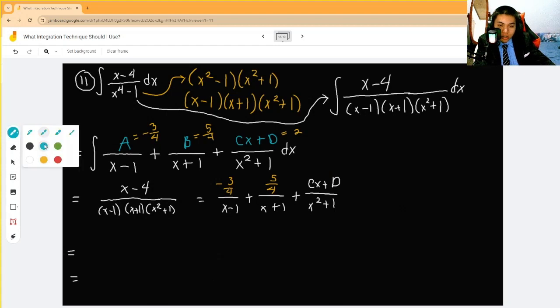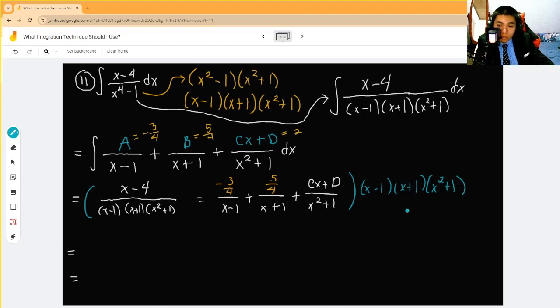So let's just multiply everything by this denominator, x plus 1 and then x squared plus 1 right there. Then this will cancel, and this will cancel, and we are left with this to multiply to that. Is that pretty clear?